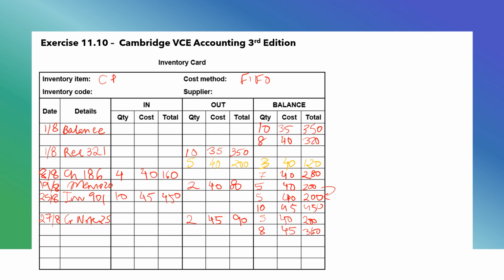Okay, moving on. Next we've got 2 more transactions left, one on the 28th. So invoice 309, and now you've got for that 5, value is 40 for each, 200, and 1 of the 45.